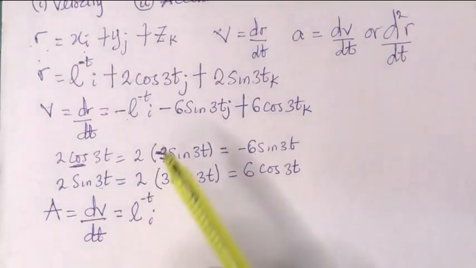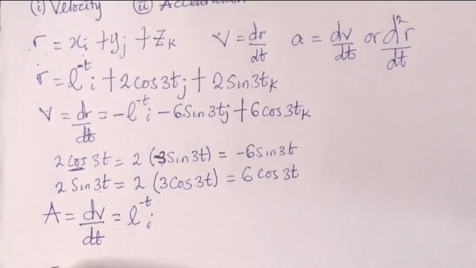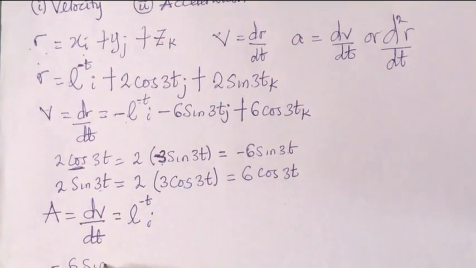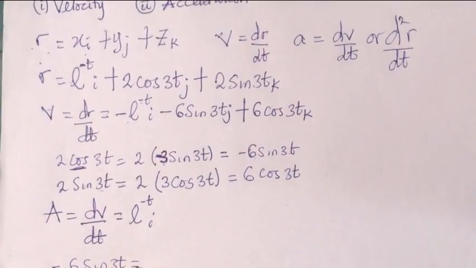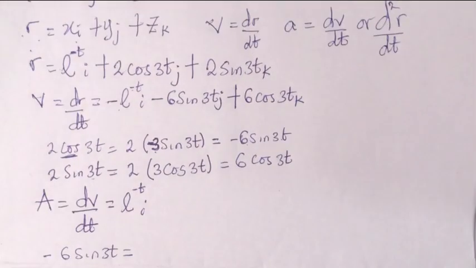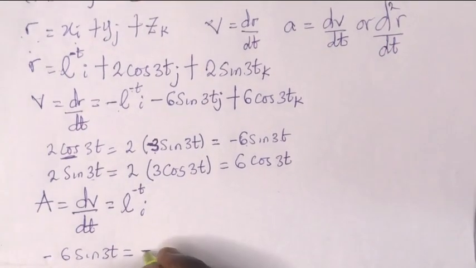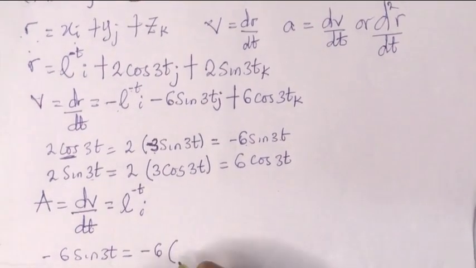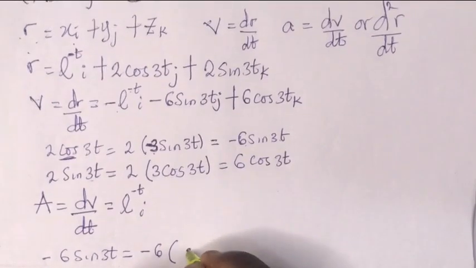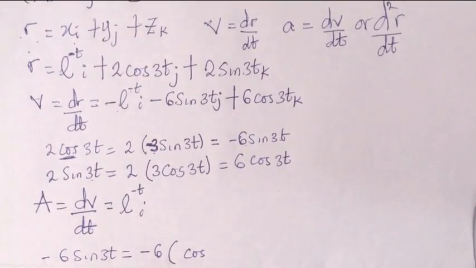Now you want to differentiate minus 6 sine 3t. If you are differentiating that, drop your minus 6, open the bracket, differentiate sine, you get what? Cos.